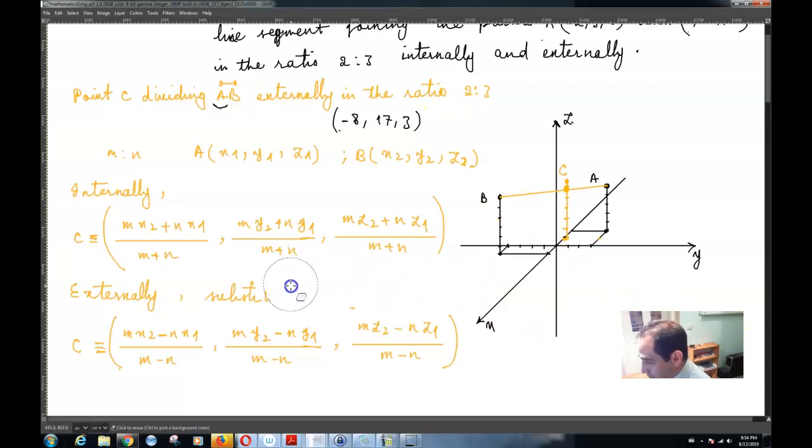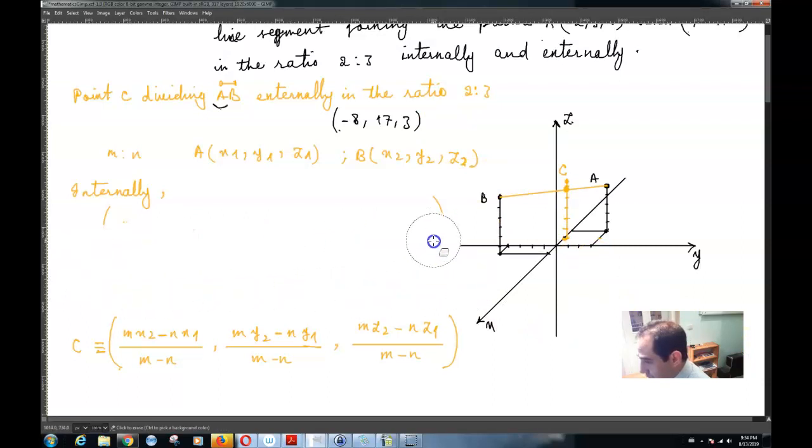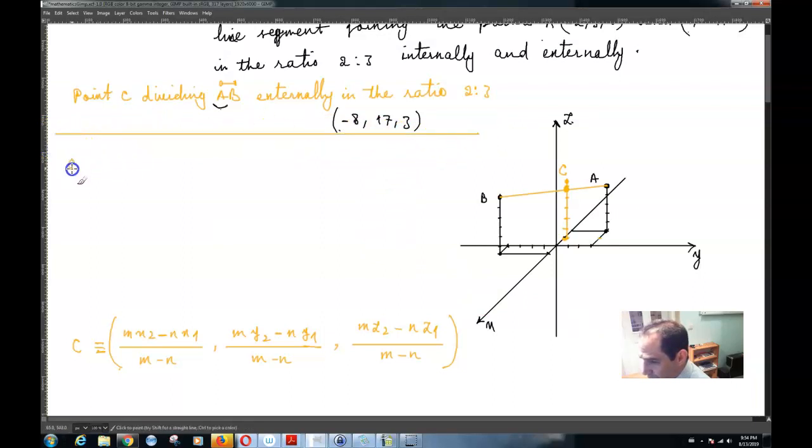So I'm going to erase all of these things, and then what I'm going to write is the coordinates of the point C: m times x2, and again you can do the same thing. You put your m over here and some other number, and you have a negative sign and n over here, and divide by m minus n.